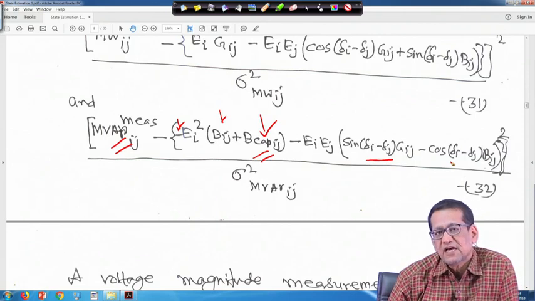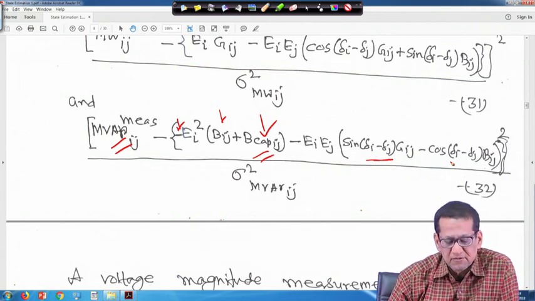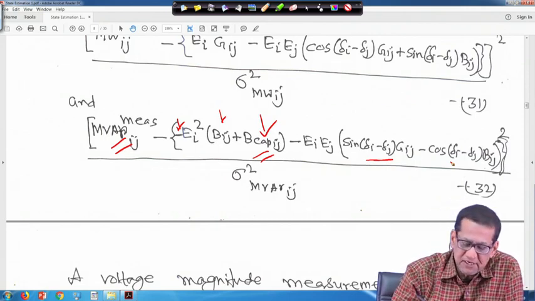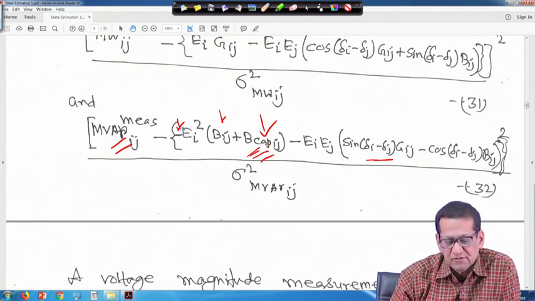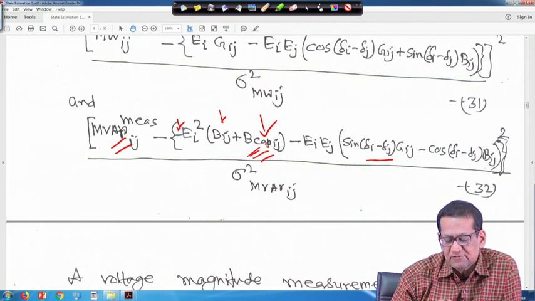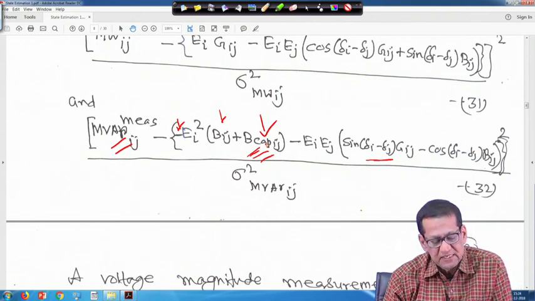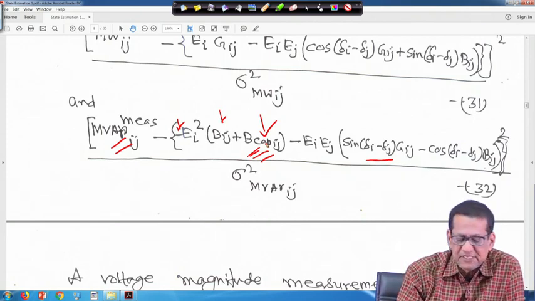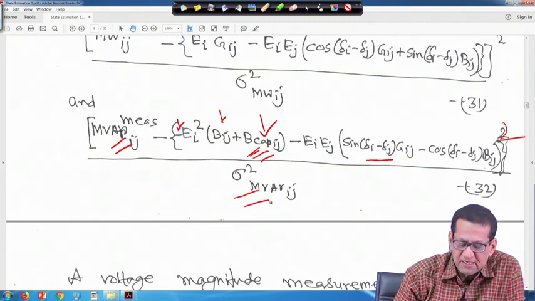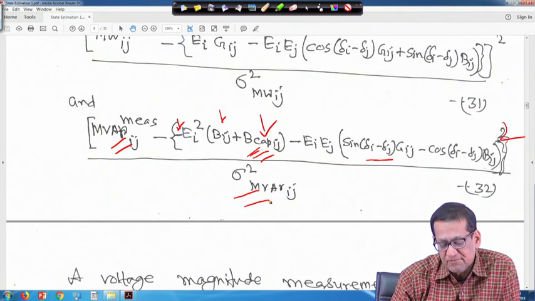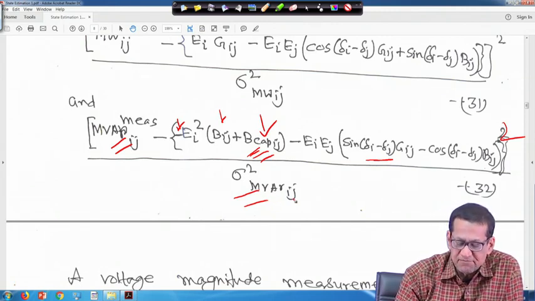That is why B cap j is also added here. So this is your reactive power measurement, right. Then whole square, because you have to take the residue divided by the meter which you are using for measuring the megavar, so sigma square megavar Ij.